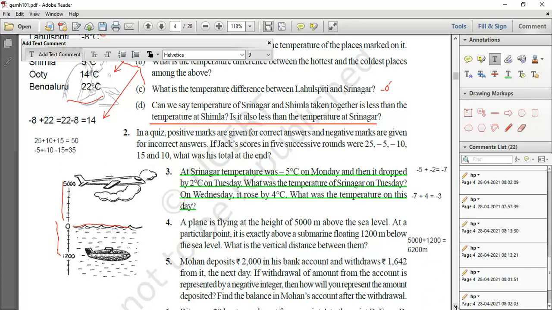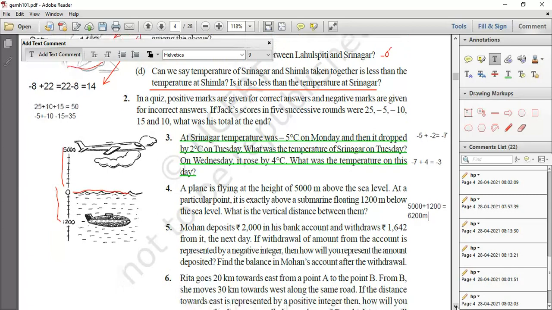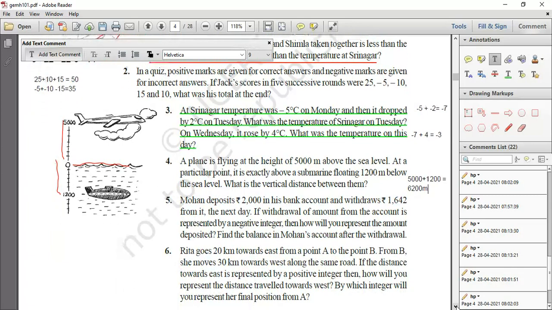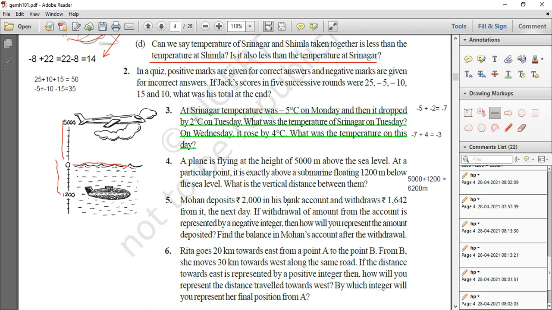So if Mohan deposits rupees 2,000 in his bank account and withdraws 1,642 from it the next day, if the withdrawal amount from the account is represented by a negative integer, then how will you represent the amount deposited and the balance of Mohan's account after withdrawal?